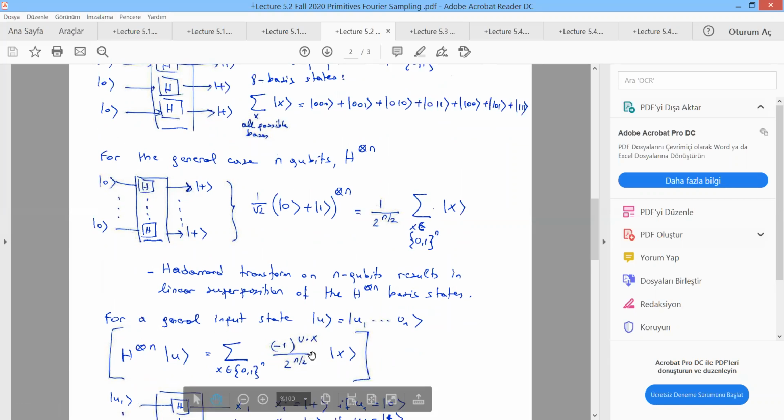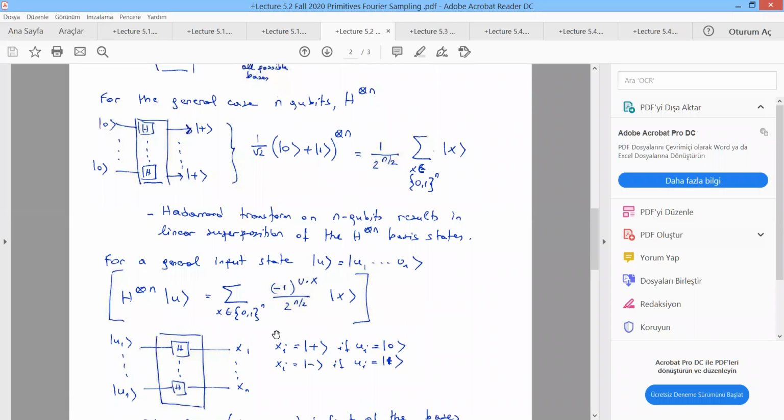So this transformation now considers all possible |u> input states, |u1 ... un>. So not necessarily only a |0> state, but any combination of zeros and ones of length n. So you'd end up with this.